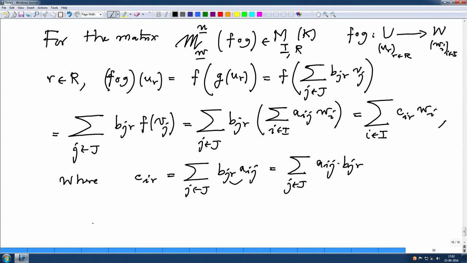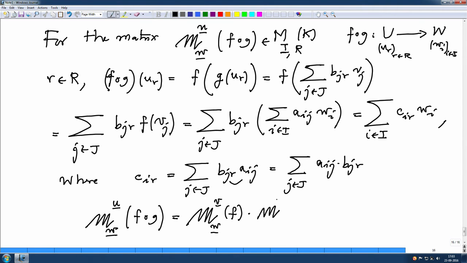So what we have proved is the following: M from U to W of F∘G is nothing but M from V to W of F, since F is the second map, times M from U to V of G. I want to define two matrices by this formula.